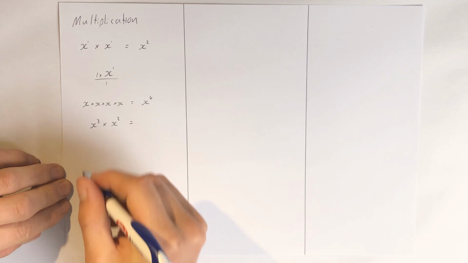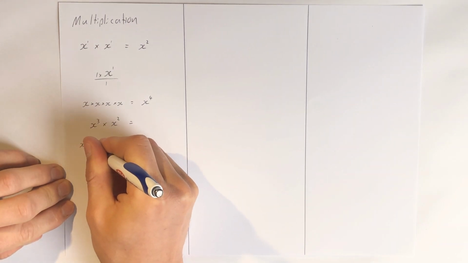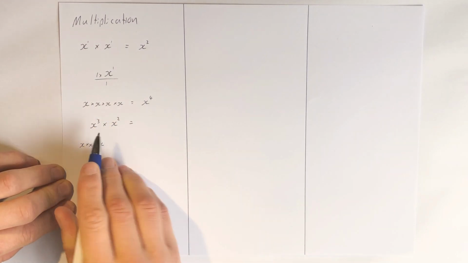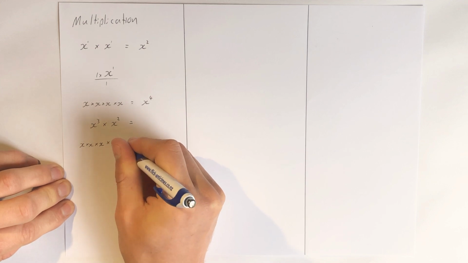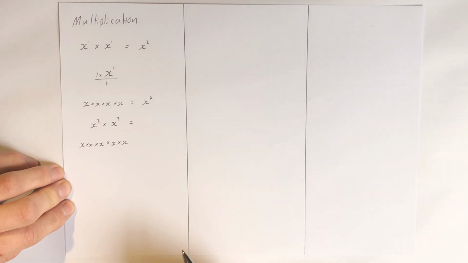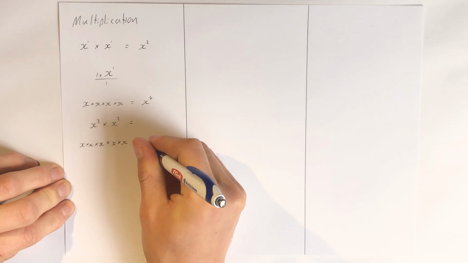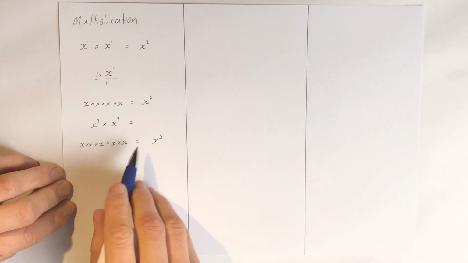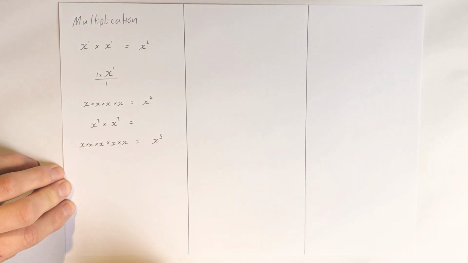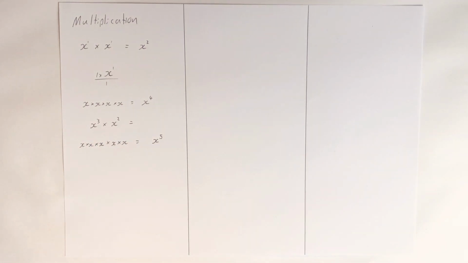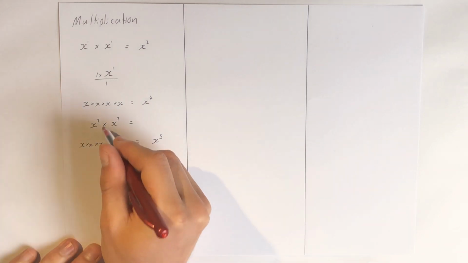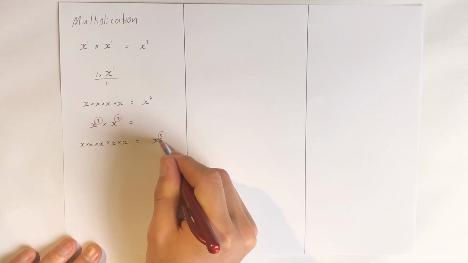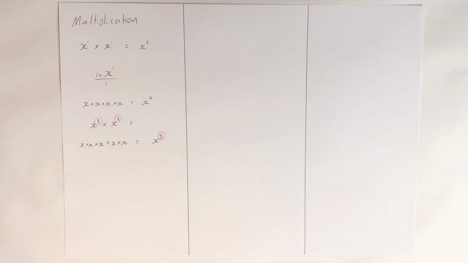But if I was to write out the long way, I'd write that as x times x times x times x times x. And what do we have here? We've got x times by itself 5 times. And that's a really long way of going about it. Is there a quicker and easier way for us to get from these powers to this power? And yes, there is. We can just add the powers, can't we?